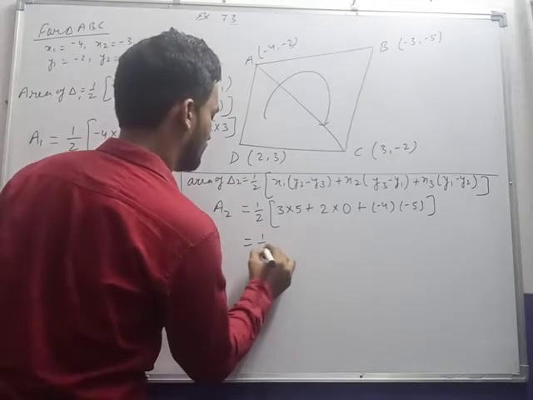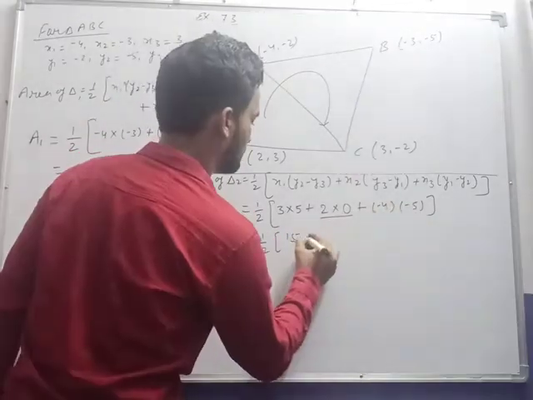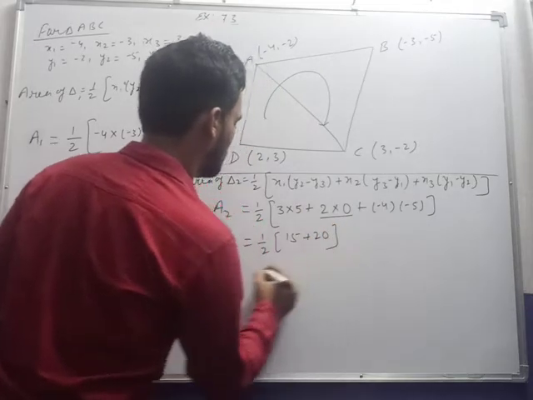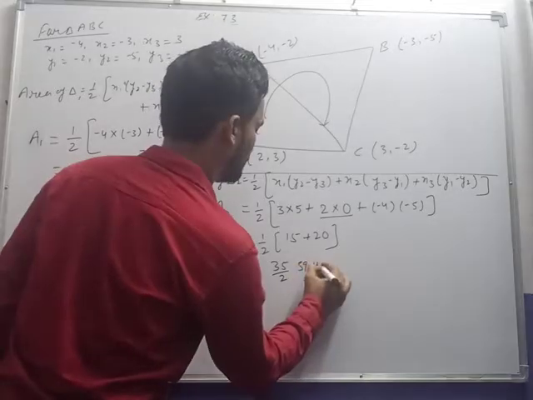This gives 1 by 2 times 15, plus 0, plus 20. So this will be 35 by 2 square units.